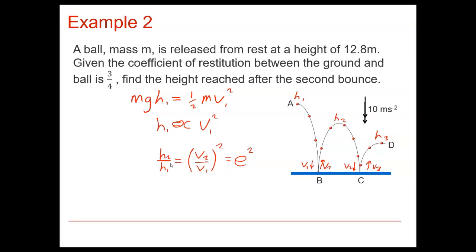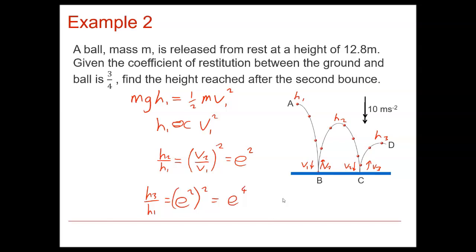And then by exactly the same argument I can say that h3 over h2 is equal to e squared, and if I combine those two things together, h3 over h1 must be e squared times e squared. In other words, it must be e to the power of 4.